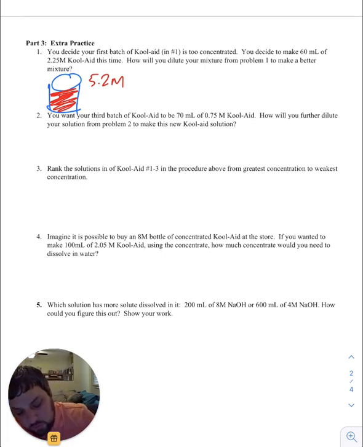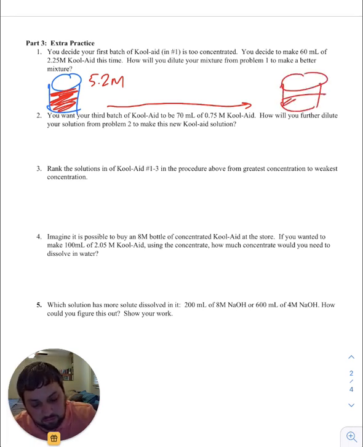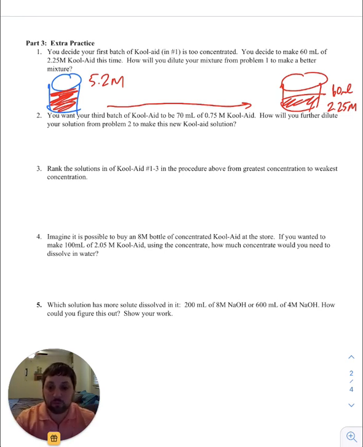So how am I going to create my final Kool-Aid solution that is 60 milliliters and at a 2.25 molar concentration? Well, if we look here, we have 3 out of the 4 variables that we need to solve this problem. So let's plug our numbers in and let's see what we get.